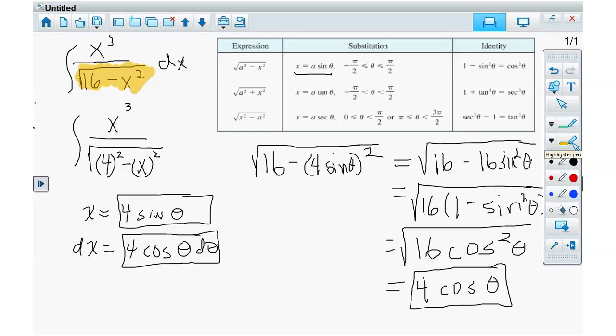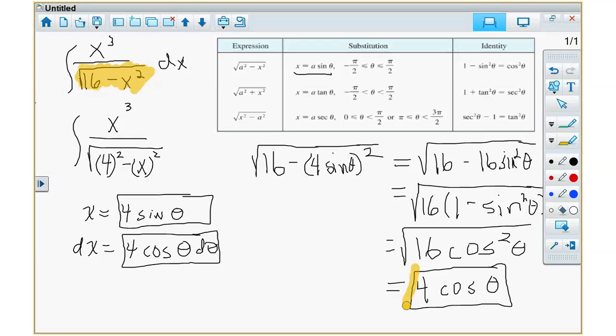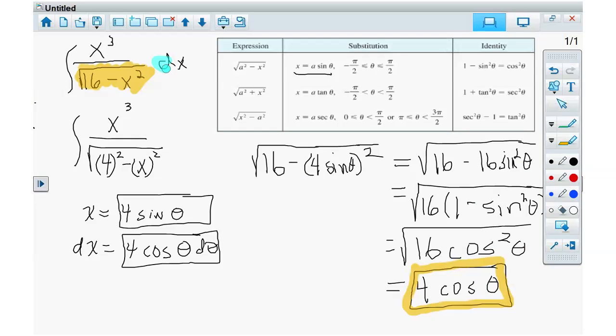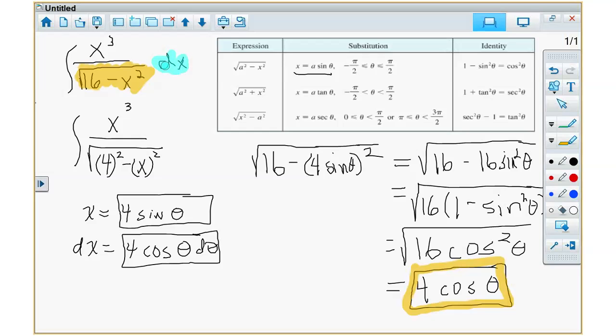Take this, and I'll put yellow around that. So that's going to go in for this. And then I'll take my handy dandy aqua, and we will change this into aqua. And what's going to go in there?